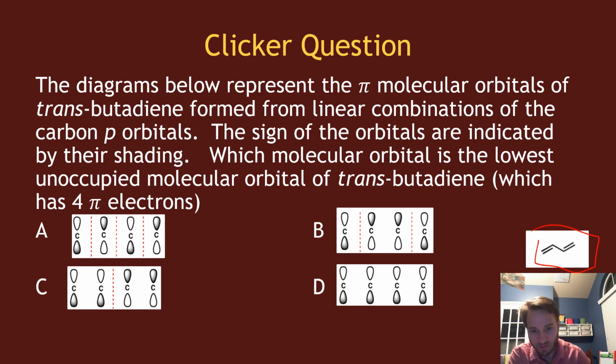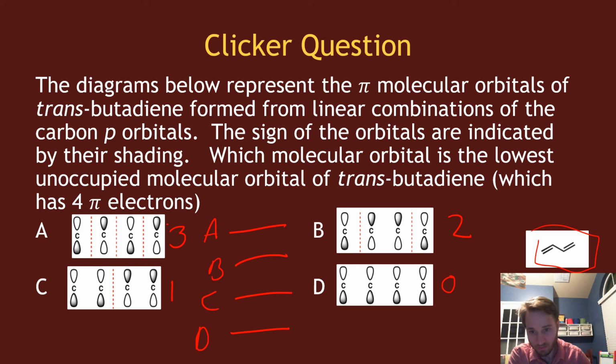These 4 orbitals all have a different number of nodes. They've been highlighted here: this is 0 nodes, this is 2, this is 1, and this has 3. And so if I organize this in terms of energy, this is going to be D, this is going to be C, this is going to be B, and this is going to be A.